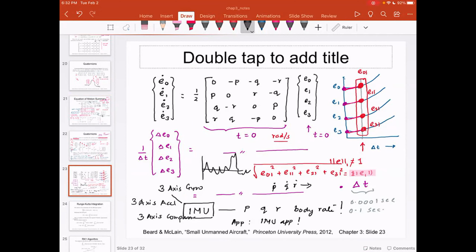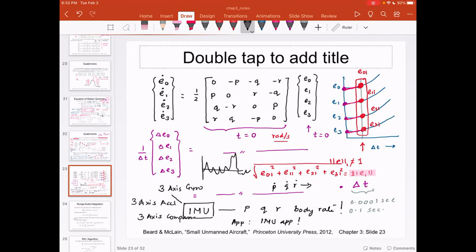In sensor fusion, we combine the information coming from the gyro, the accelerometer, and the compass to come up with the best possible estimate of roll, pitch, and yaw angles, and sometimes the positions. If you have GPS available, the smartphone app can fuse the data from the GPS and the IMU and give you a better estimate.